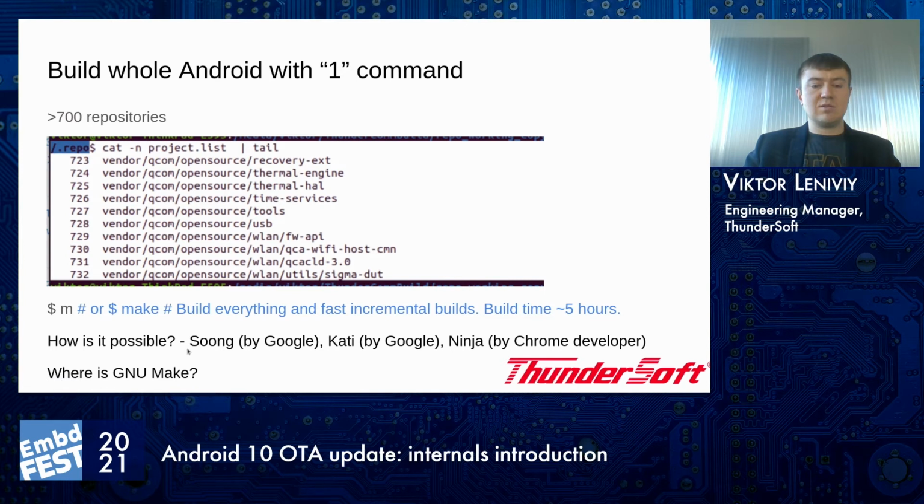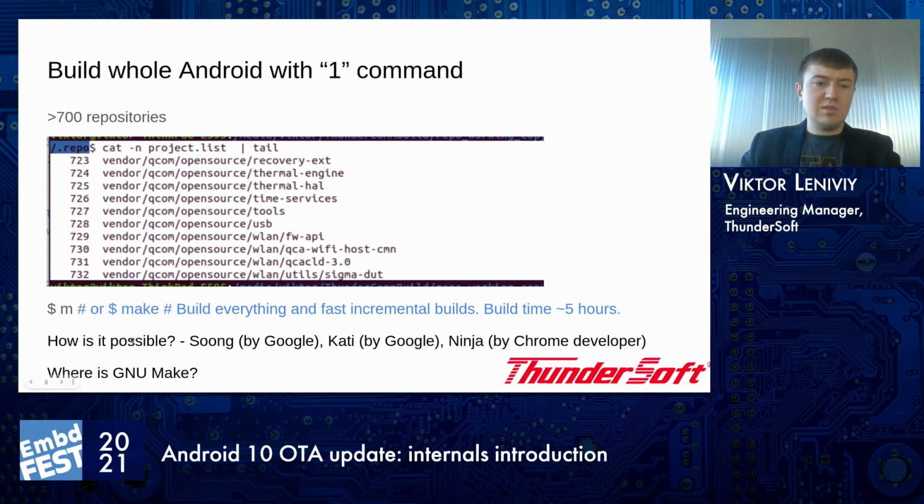This is thanks to specific tools developed by Google for this purpose. It includes Soong, specifically for Android by Google; Kati by Google, basically a make clone; and Ninja by a Chrome developer. It was integrated a little bit later, and there is also an interesting history behind it.